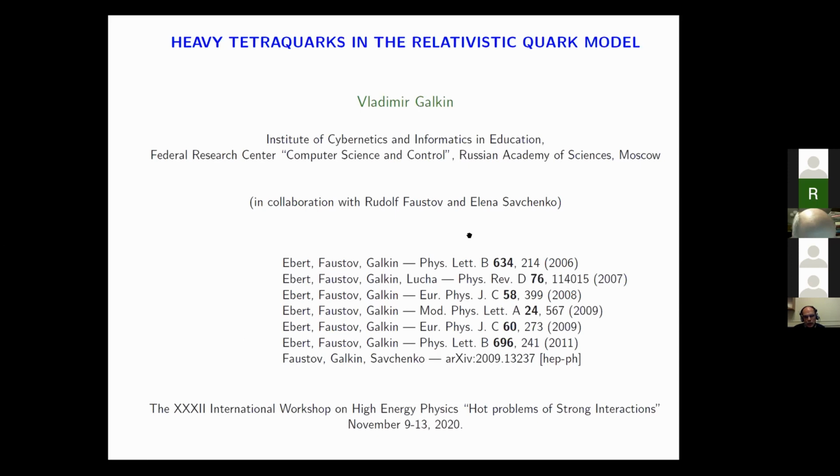We see that here are two groups of works. The first one was made quite a while ago in collaboration with Professor Dietmar Ebert, to whom I'm particularly grateful. In this series of papers, we developed the relativistic quark model for the description of tetraquarks, and tetraquarks consisting of two heavy quarks, or one heavy quark and a light quark, were considered.